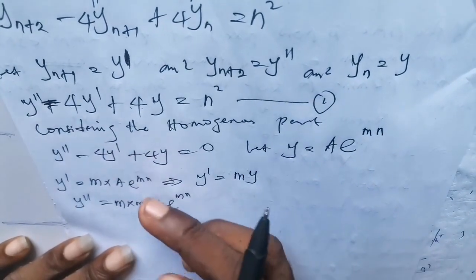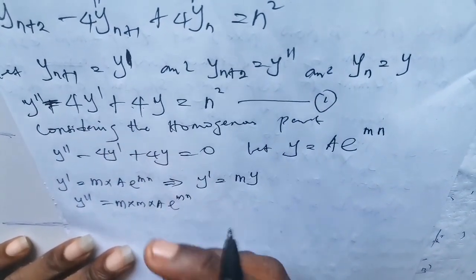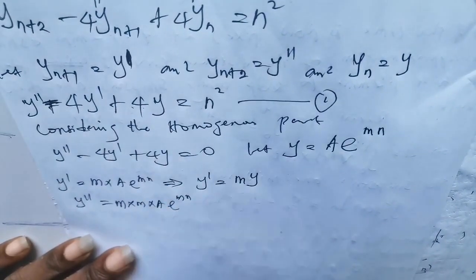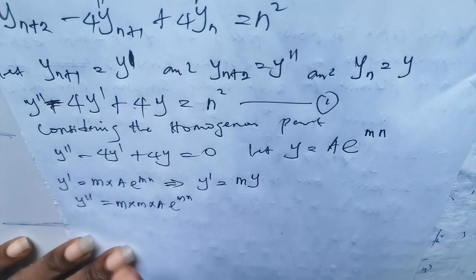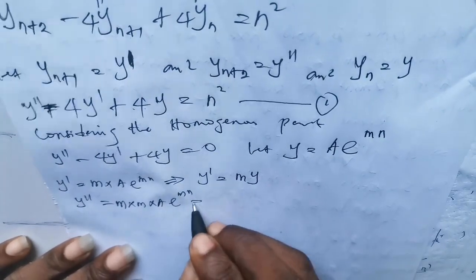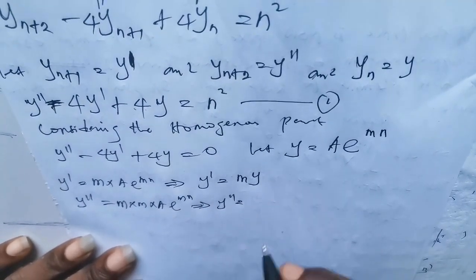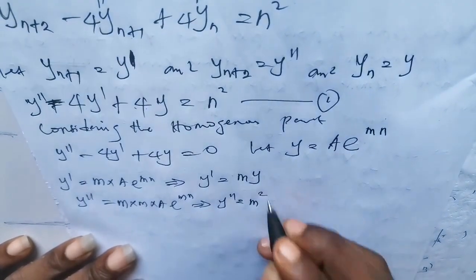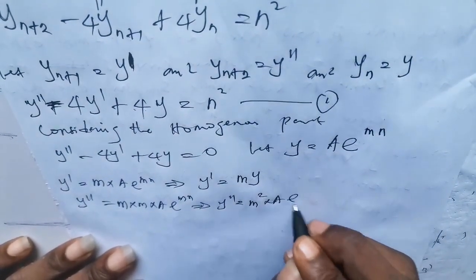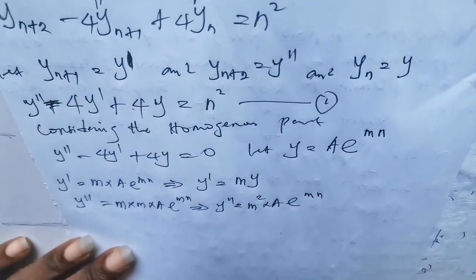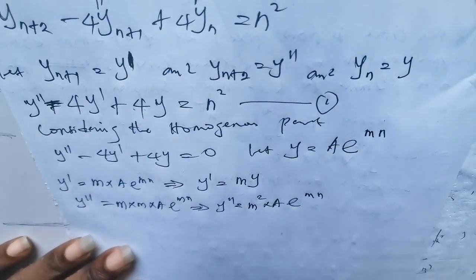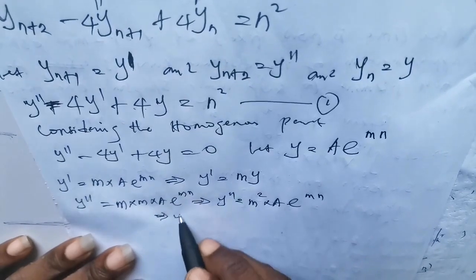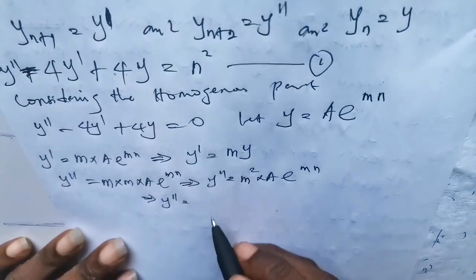To differentiate an exponential, simply differentiate the power, use the derivative to multiply the whole exponential function itself. Now m times m will give me m squared. So y prime prime is equal to m squared times a exponential mn. Notice now that once again a exponential mn is what we call y. So this simply implies that our y prime prime is simply equal to what?